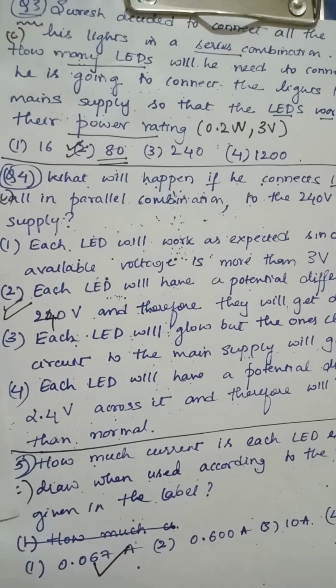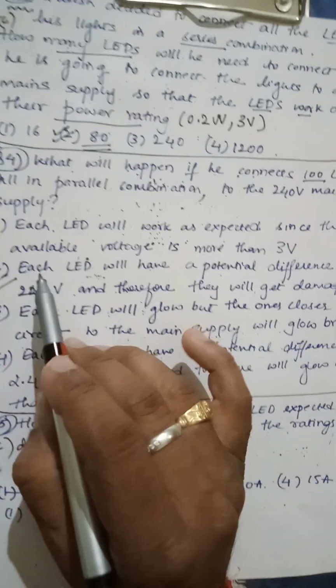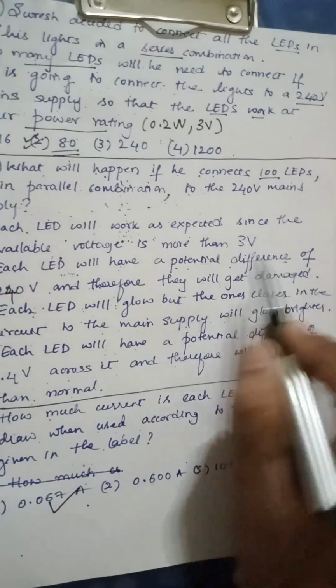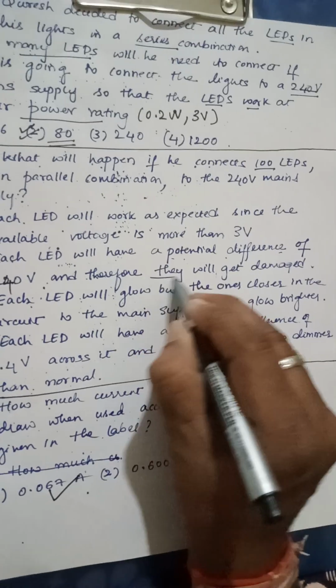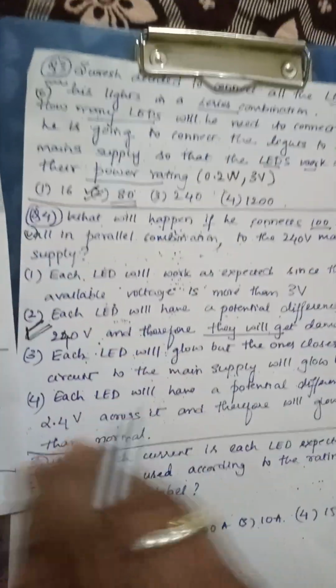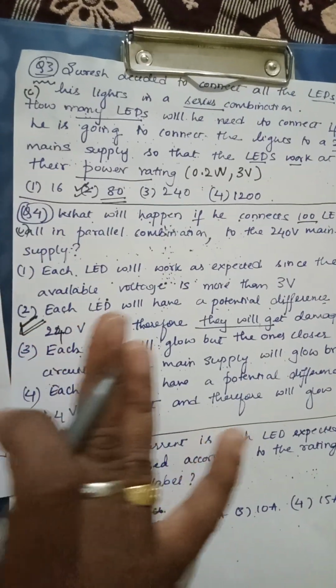As you can see, option 2: each LED will have a potential difference of 240 volts and therefore they will get damaged. So option 2 is the correct answer for question 4.